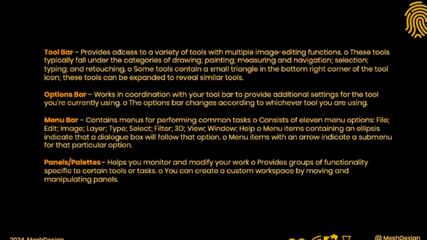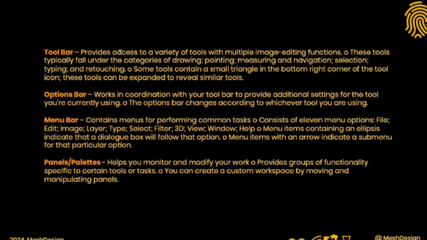This tool can be expanded to reveal similar tools. So if you open your Photoshop, the toolbar hosts multiple image editing functions, and the types of tools Photoshop has can be categorized for drawing, painting, measuring, navigation, selection, typing, and even retouching. On the toolbar, you'll find all these categories.